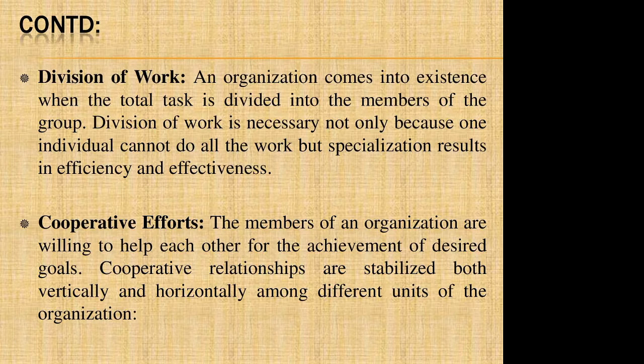Because if too many workers are put in one department, the entire work will be spoiled. This is what you will study in the topic span of control. Here also, in the slide, we'll be talking about how many members there will be in the group.